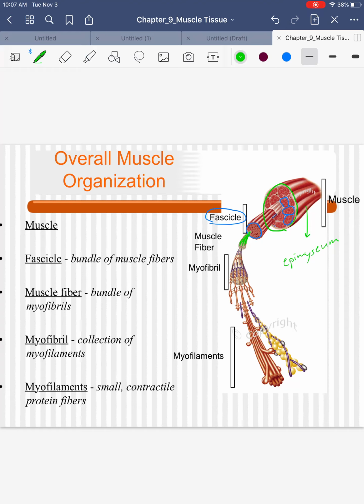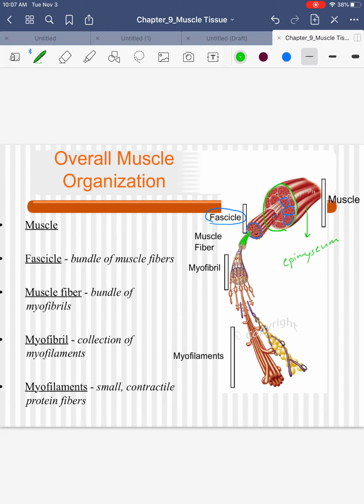I gave the example in class that if you take a whole bunch of raw spaghetti pasta and you wrap it in saran wrap, well, the whole thing is the muscle, and then you have these groupings called fascicles, but each individual pasta piece is a muscle fiber.